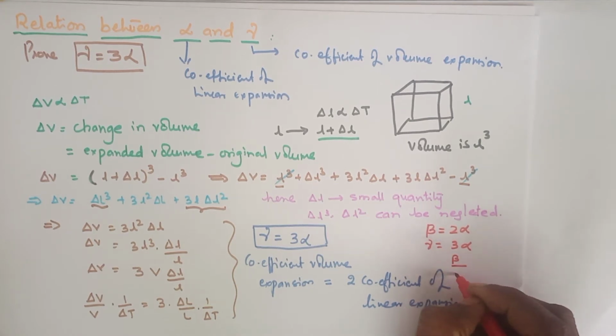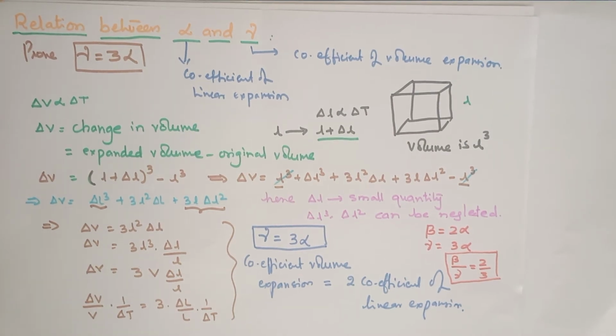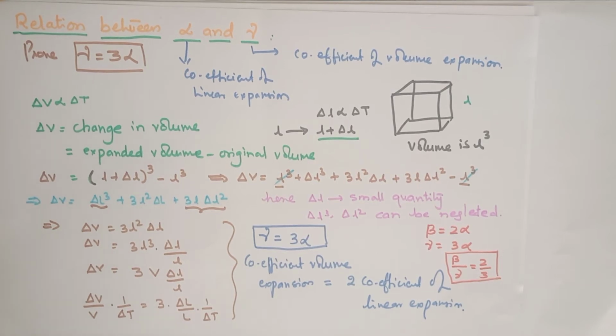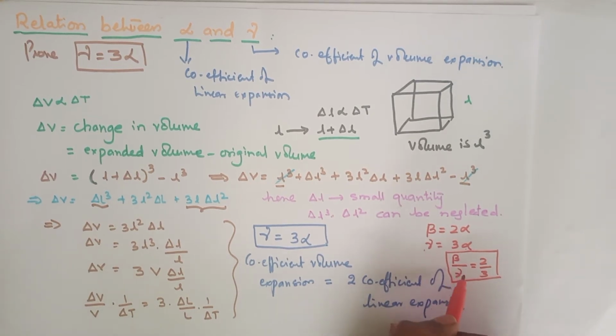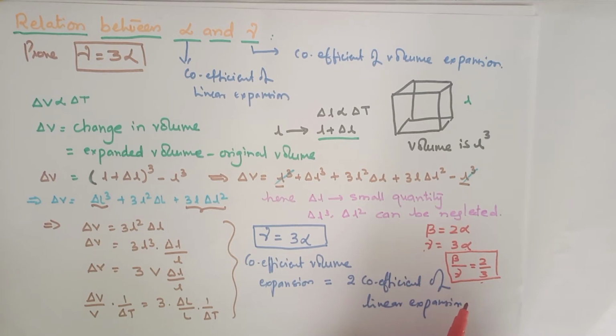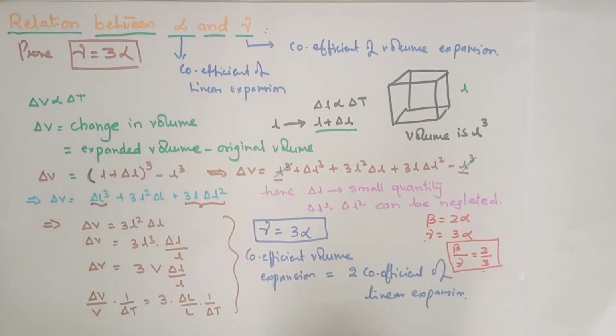Beta by gamma is equal to 2 by 3. So whenever the relation between alpha and beta is there, alpha and gamma is there. Now beta and gamma, if you want, this is a simple relation. In the problems, it will be helpful actually.